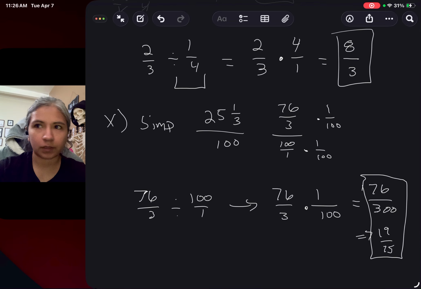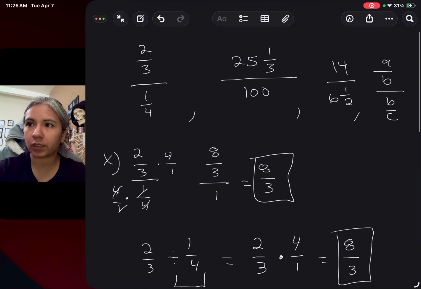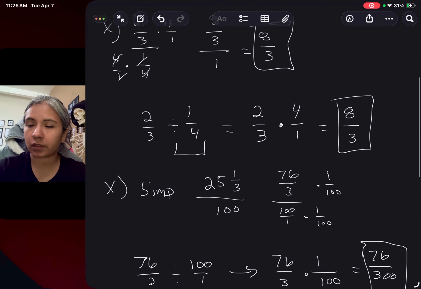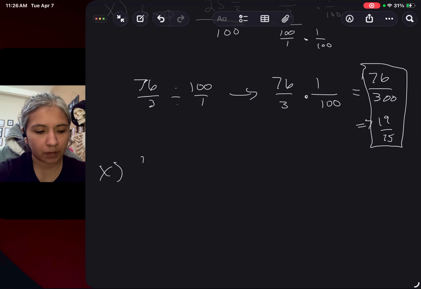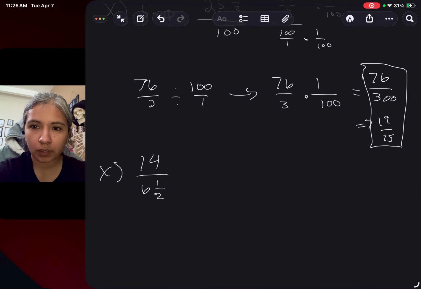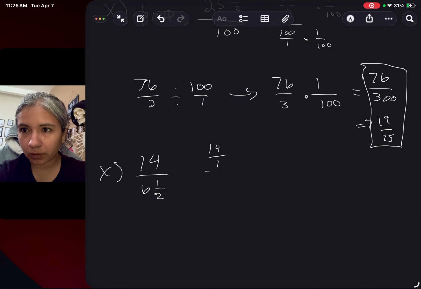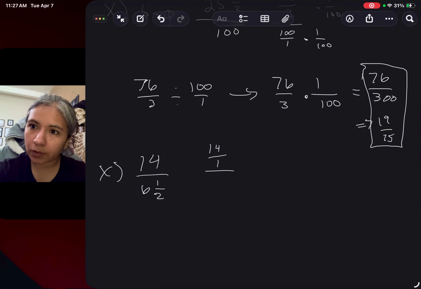So now let's do our third one, 14 and 6 and a half, right? Let's simplify that one. 14 divided by 6 and 1/2. Let's change our mixed number and put them both over regular fractions. 6 times 2 is 12 plus 1, right?